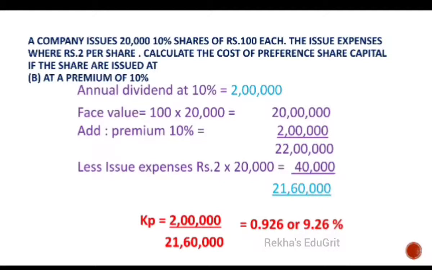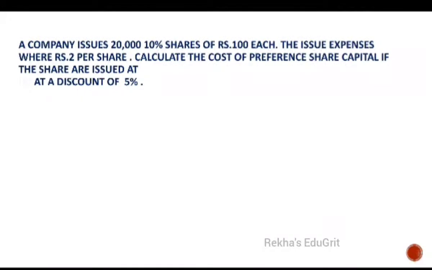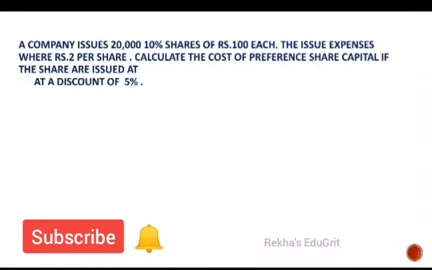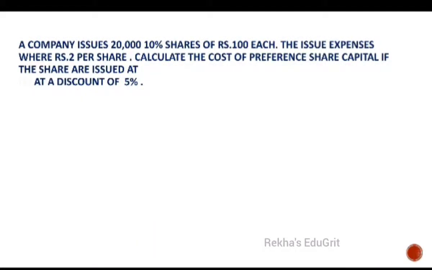Now with the same question we can calculate when the shares are issued at a discount. So here the discount is 5%. So net proceeds will be face value less discount less issue expenses, isn't it? The annual dividend we have calculated earlier, 2 lakhs.